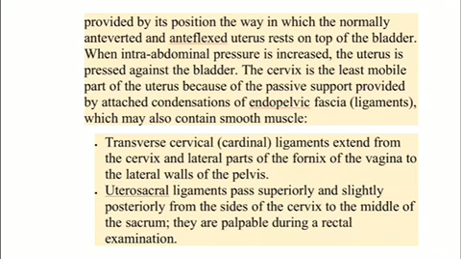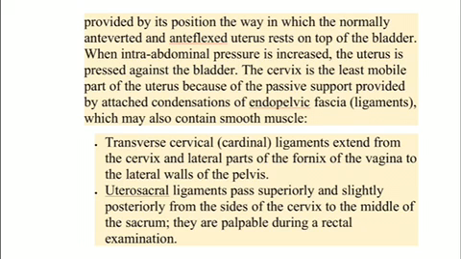I said ligaments because you have them on the right and the left. Then the second one is the uterosacral ligaments. You also have them on the right and left. They pass superiorly and slightly posteriorly from the sides of the cervix to the middle of the sacrum. The uterosacral ligaments are palpable during a rectal examination.